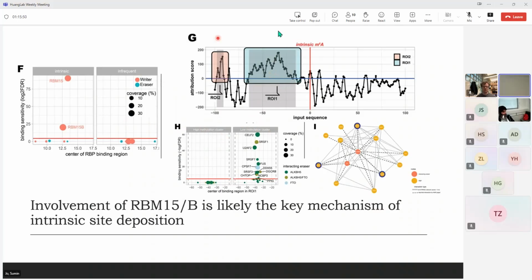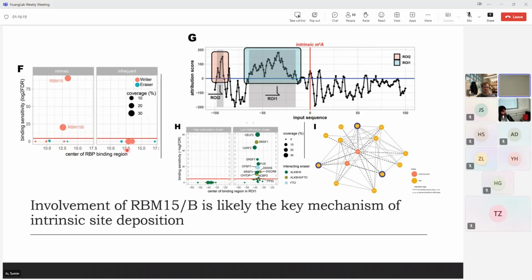compared to the infrequent site is affecting the methylation level among the intrinsic sites. But this RBM15 and 15B binding is near this region that is also different from the infrequent site, but it's not associated with the methylation level itself. So the hypothesis was maybe there are RBPs that interact more with the eraser proteins, because we see no difference for these blue dots, which are the erasers.